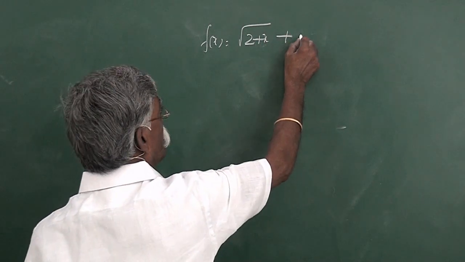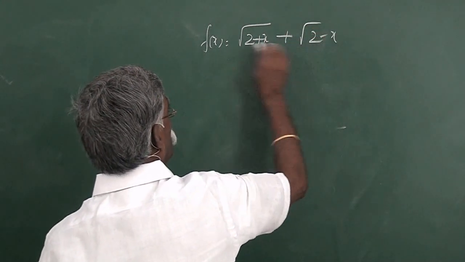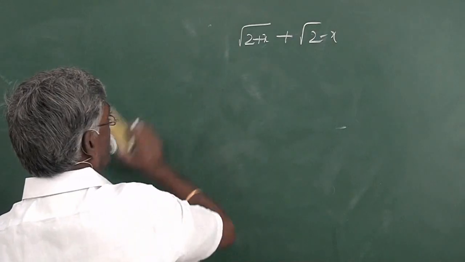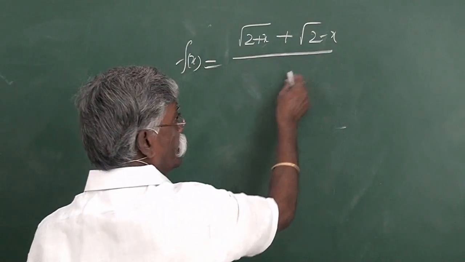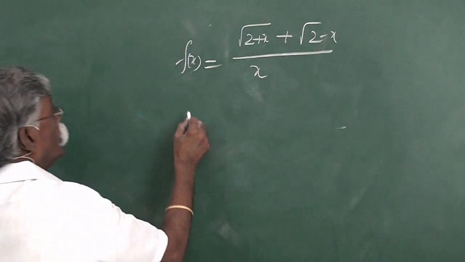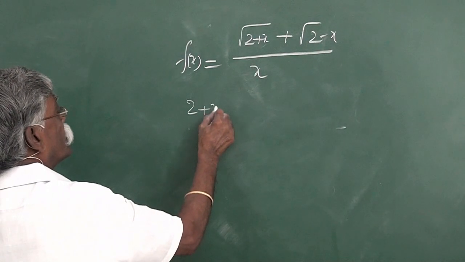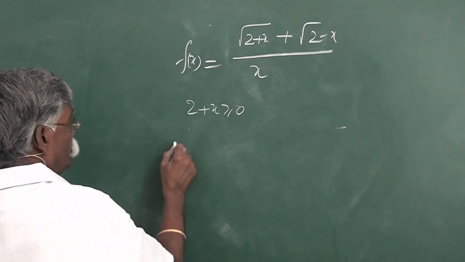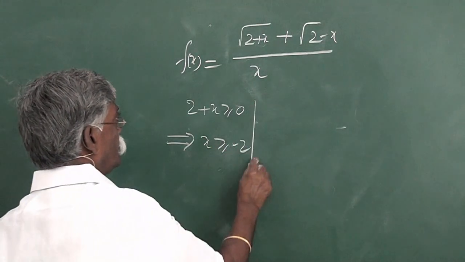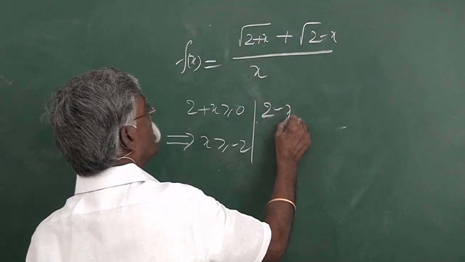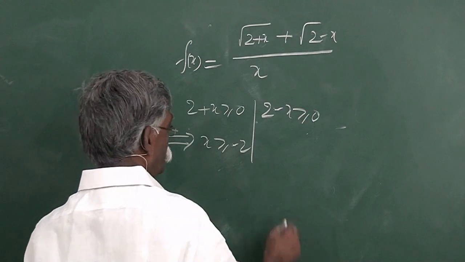plus square root of 2 minus x by x. 2 plus x greater than or equal to 0. This implies x is greater than or equal to minus 2. 2 minus x greater than or equal to 0.